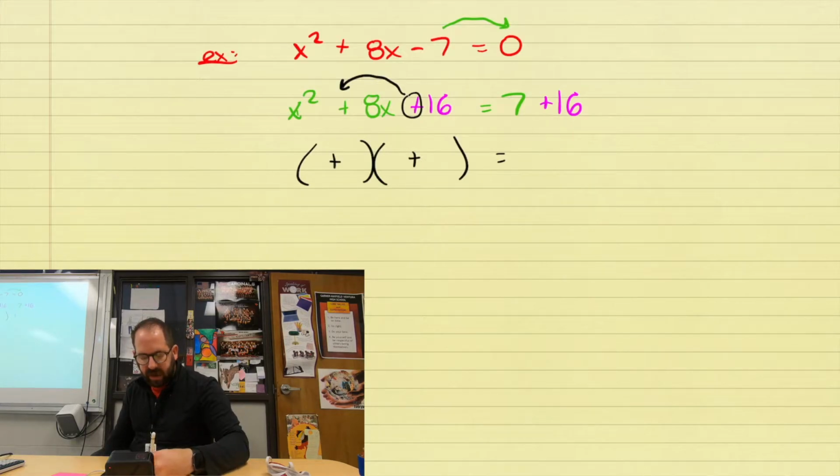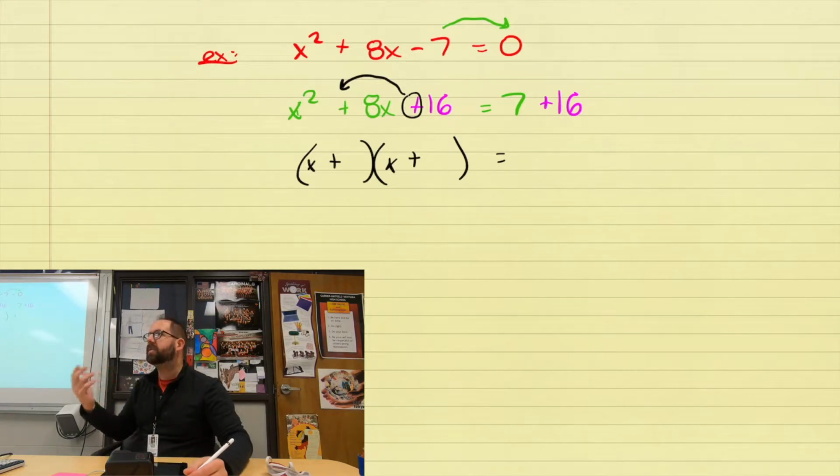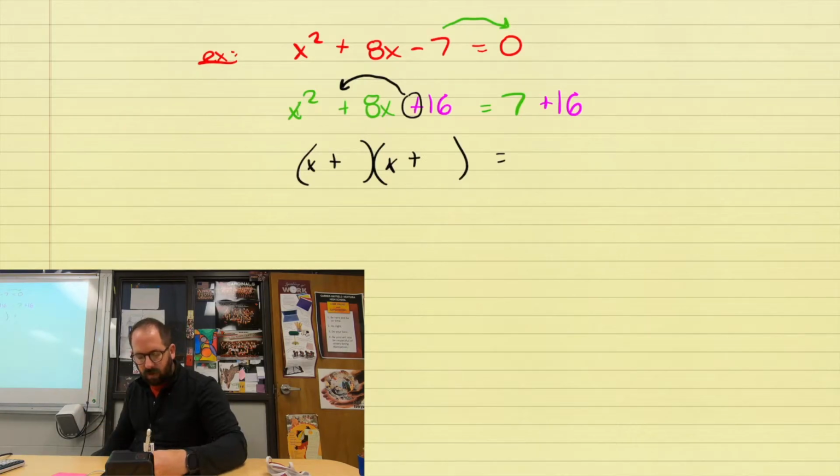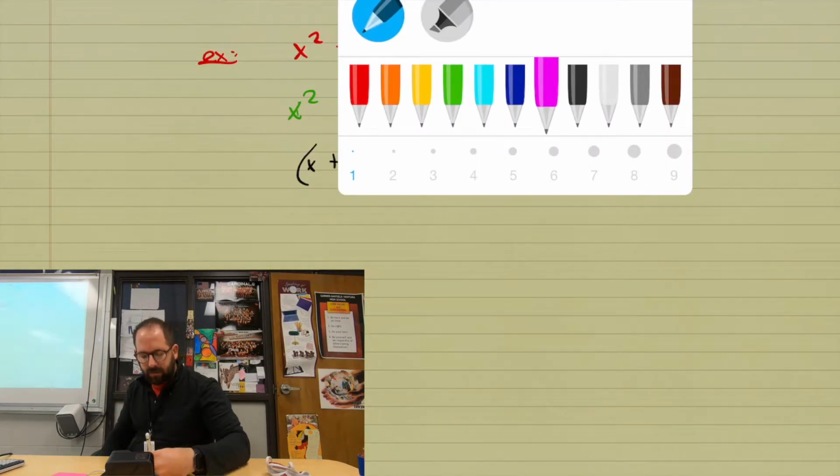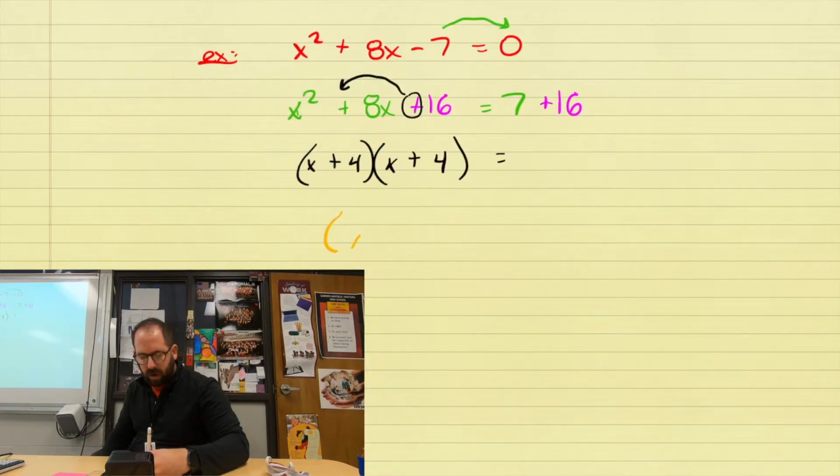So it's going to be x and x, and then you're going to break up the 16 in the back, and it has to be half the middle. So the middle is 4. That's half the middle, right? So as you can tell, like I was warning you, that parenthesis repeated twice. If you just want to jump to that step, you can do that.